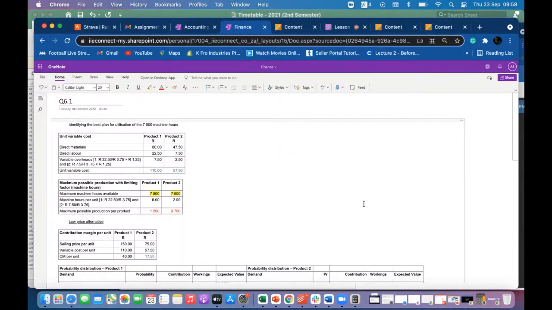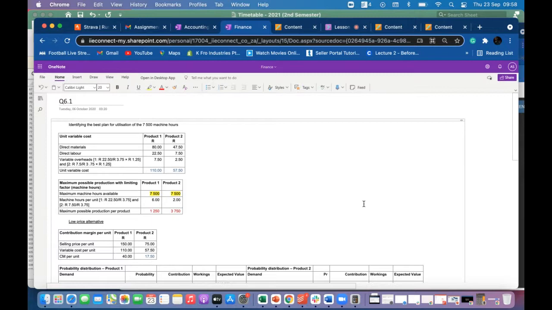The selling department has provided the following estimates and probabilities of demand and selling prices. Okay, so we've got the probabilities for demand, and we've got the probabilities for the selling prices.